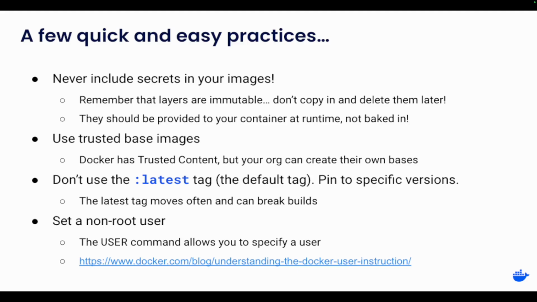Things will be going great for a while, and then suddenly the version will change, something will be different that you didn't expect, and suddenly you've got an error you've got to deal with. So instead of using the latest tag, what you should be doing instead is pinning to a specific version. This way it doesn't change and you know exactly what you have and what version of that particular image you're working with.